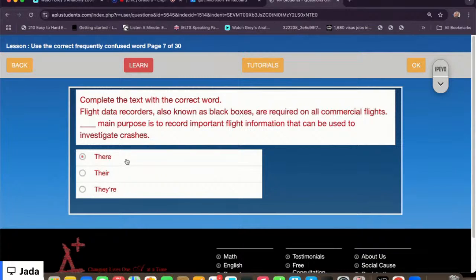All right, so their main purpose or there main purpose, which of these, the first or the second?